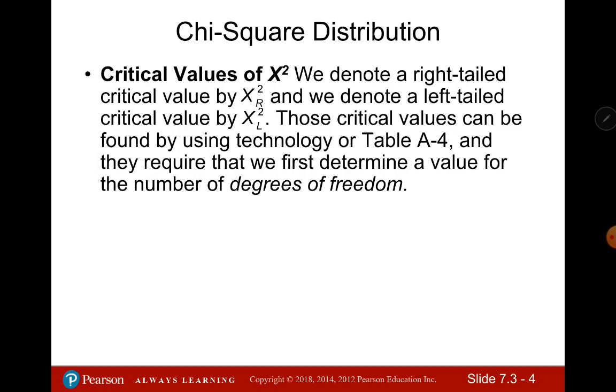That's because the t distribution and the z distribution are bell-shaped curves, so they are symmetrical. So we only need to pick one side, one critical value. Then, plus minus, when we get to the margin of error, we get the two-sided limits.